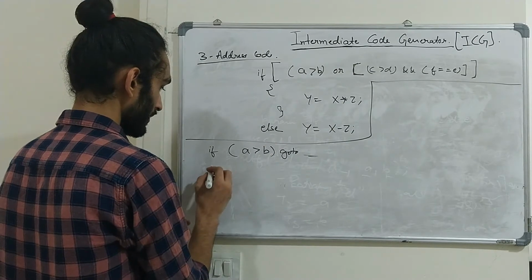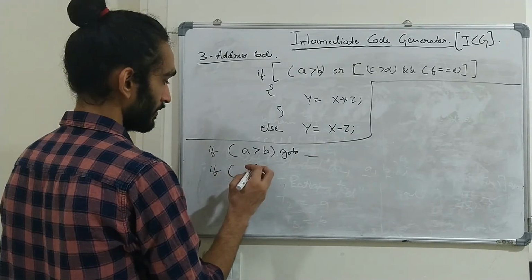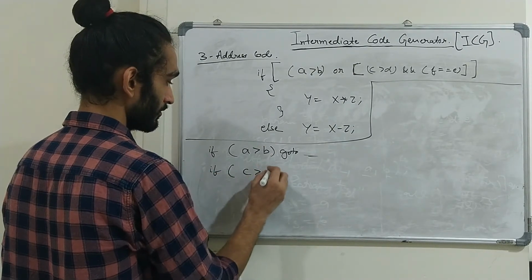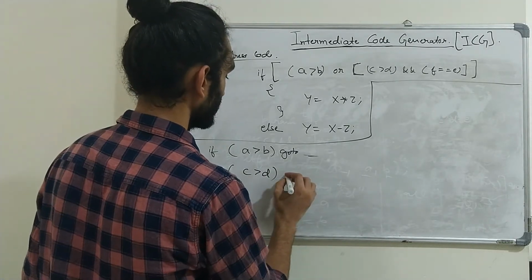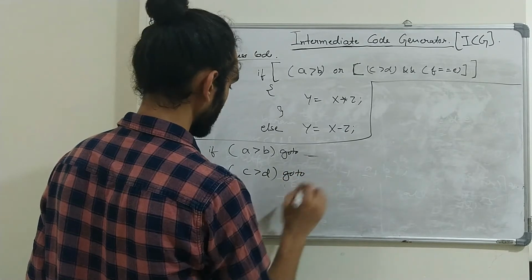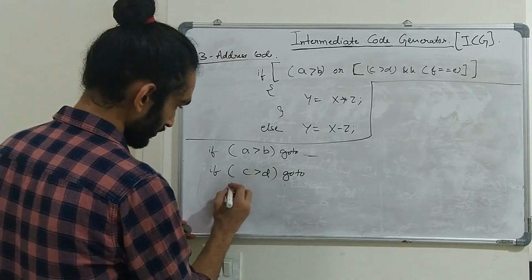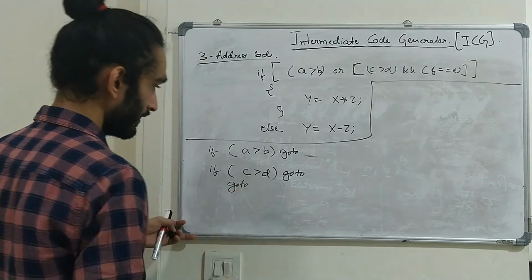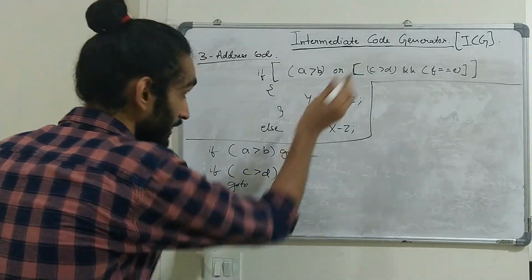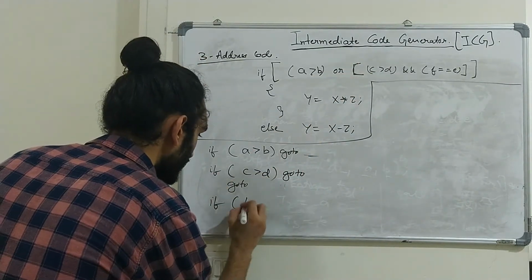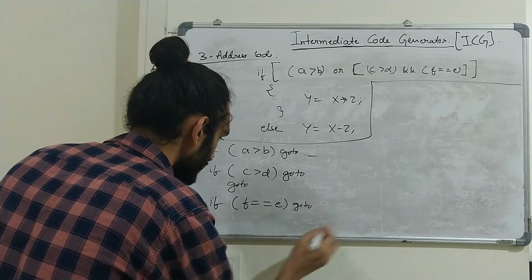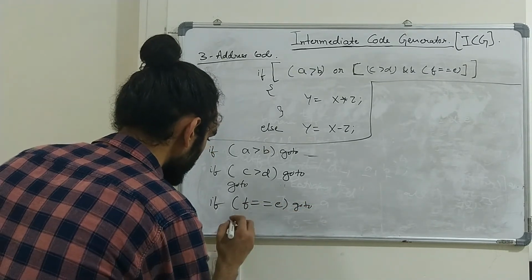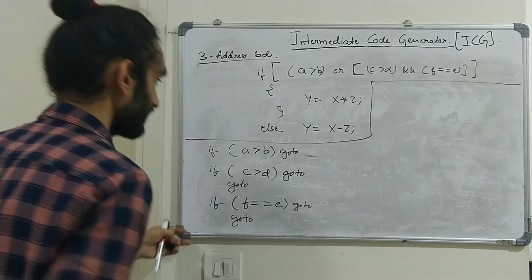So if C is greater than D, then go to some label. Otherwise, if it is false, go to some other label. So again, I am writing the other statement. If F is equals to E, go to some label, and if this is false, go to some label.